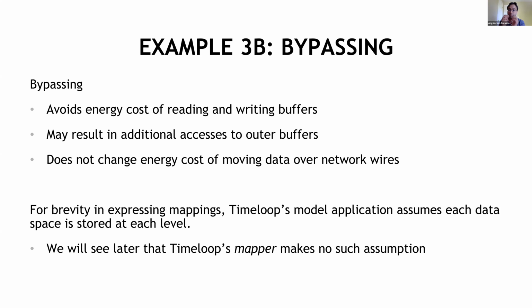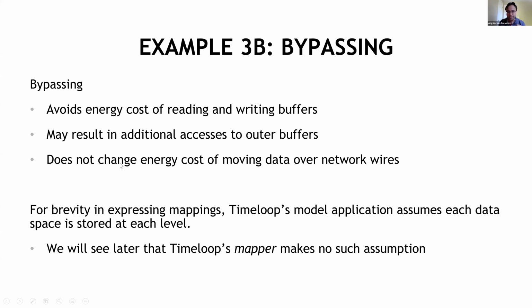You bypass the level, but now the capacity of that level opens up to other tensors. So you can store larger tiles for those other tensors, but at the cost of potentially filtering access for the tensor that you bypass. And so it's an interesting trade-off space. Again, the reason we have a mapper is to explore these sorts of trade-offs. But if you as a programmer know exactly what you want to do, then the YAML provides you a way to do that, right?